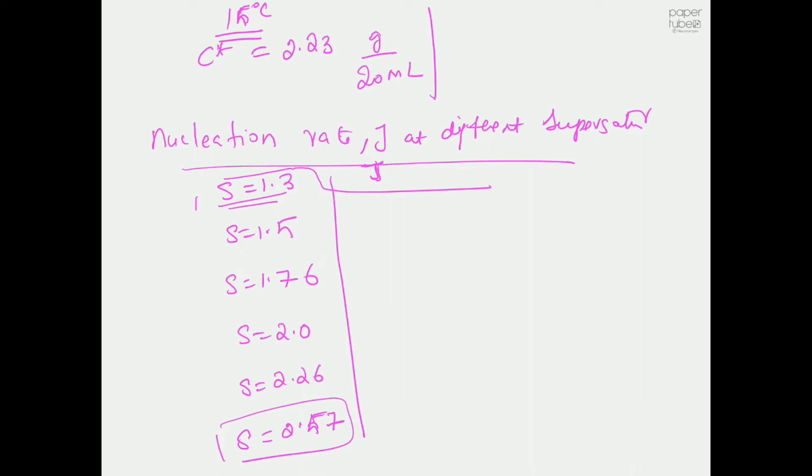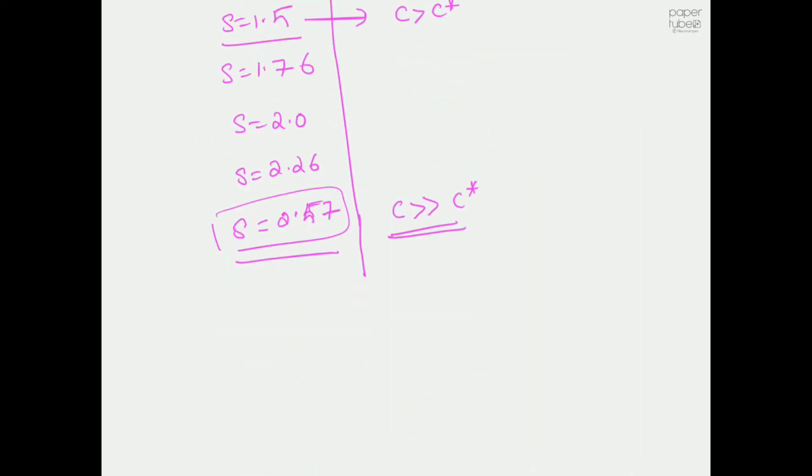So C is greater than C star when S is equal to 1.5 and S is equal to 2.57, which means C should be much greater than your solubility values. Your solid molecules like to come together and eventually settle into a stable nuclei, so the nucleation rate should be much higher.